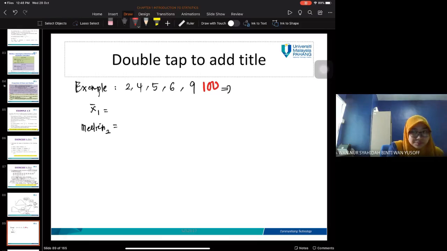We suspect 100 is an outlier because it is isolated from the rest of the data set. When we go to the 1.4 letter, we do have some calculation to determine whether it is an outlier or not. So I want you to calculate the new x bar 2 and the new median 2. Do it now. In 2 minutes, I want the answer of the x bar and also median for both.